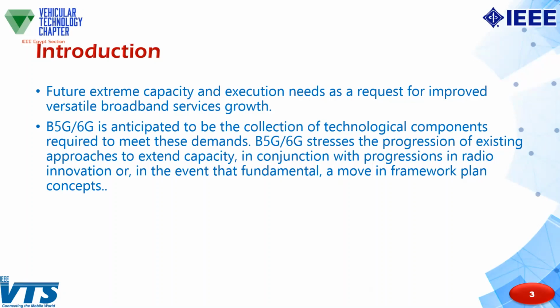So the 6G will try to satisfy the customer needs from the perspective of high-speed mobility, huge amount of data service, as well as low latency. So there will be a huge amount of challenges in order to have such technology.